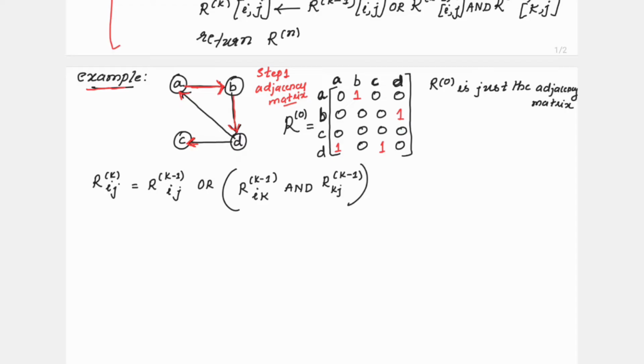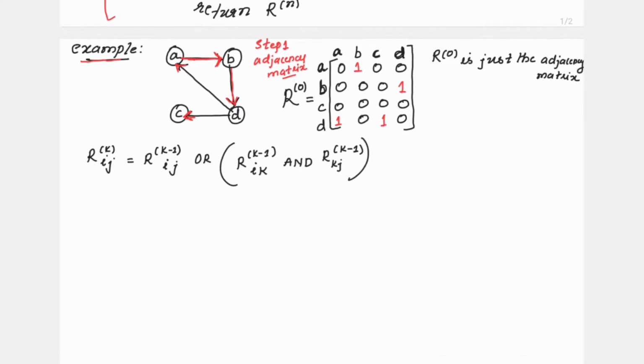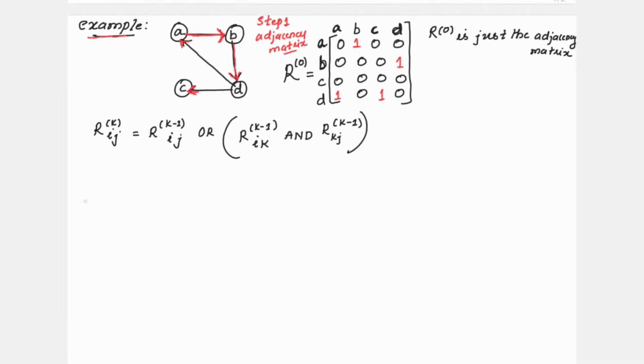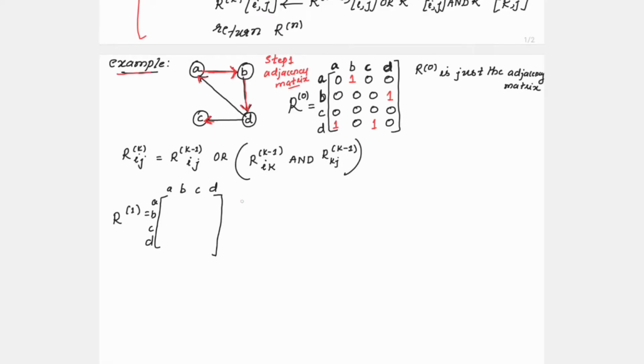The next step is you need to come up with R1. Now how to compute R1? To compute R1, first you write down all the vertices A, B, C, D, A, B, C, D. R1 matrix is computed by considering A as the intermediate vertex.